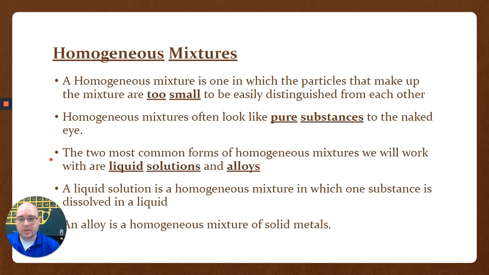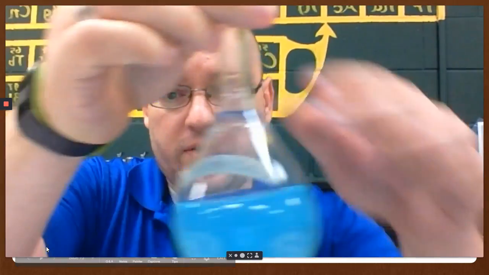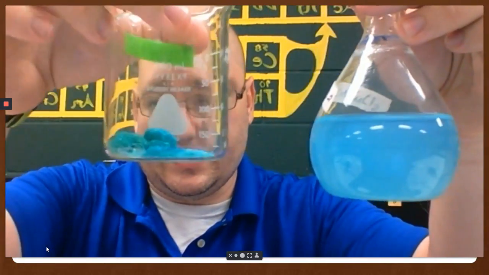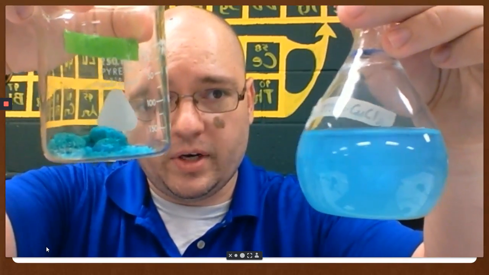Now, a liquid solution is a homogeneous mixture in which one substance is dissolved in a liquid. So here's an example of that. Let me see if I can make this bigger for you. This is the pure substance, the compound copper chloride.